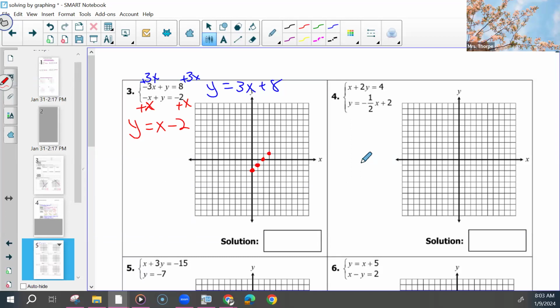But it doesn't matter. For this one, the 3x + 8, if you went up 3, right 1, it would be off the graph. You could do that, but you don't have to. But you'd have to go down 3 and left 1 to get the rest of those points.